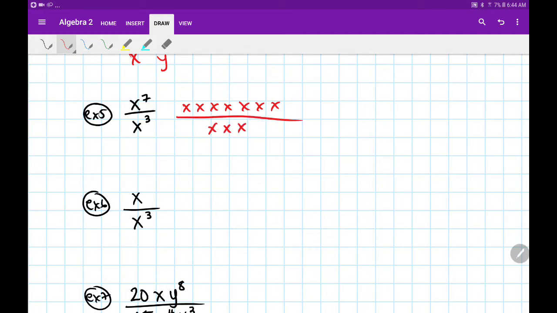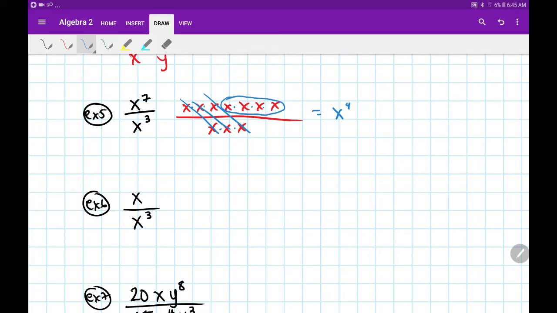And so if I look at this, I know that I can simplify these because they're all being multiplied together. So I can cross out 3 of the x's, because they're duplicates on the top and bottom. That leaves me with, well, if I had 7 originally on top and I take away 3, I'm left with x to the 4th power, these 4 right here.